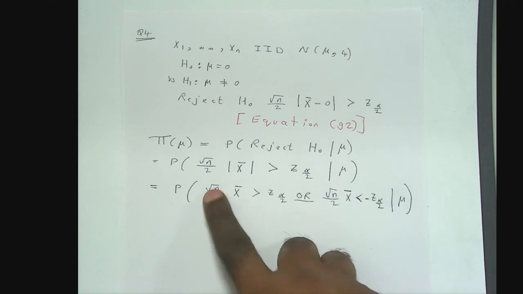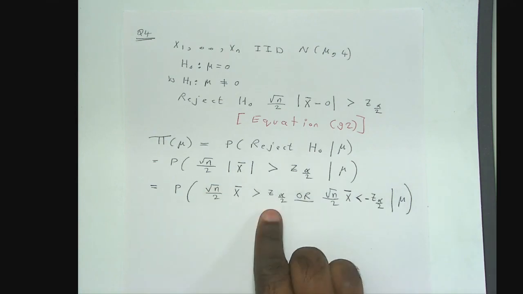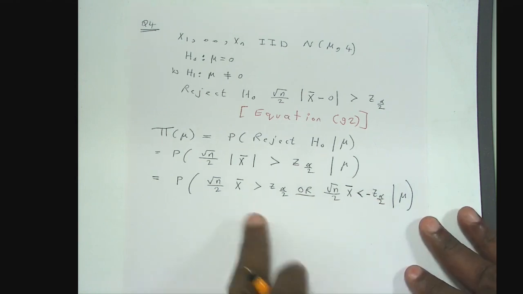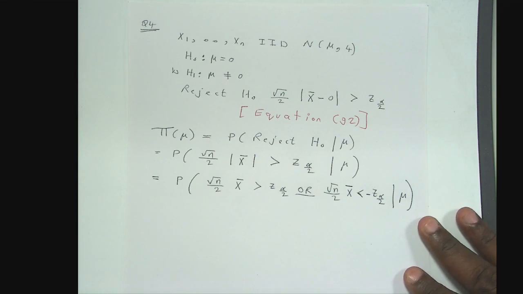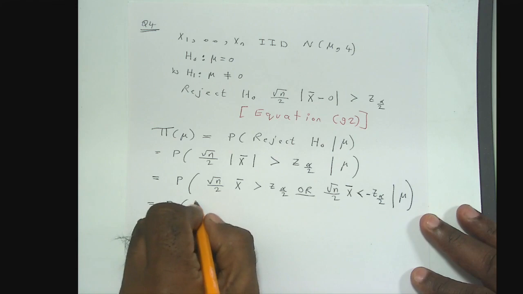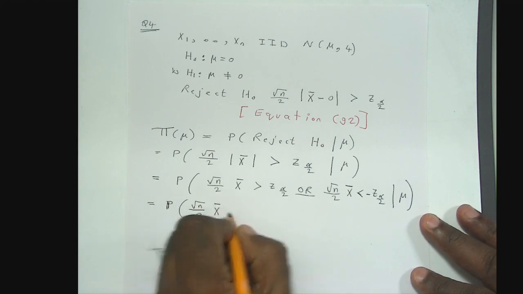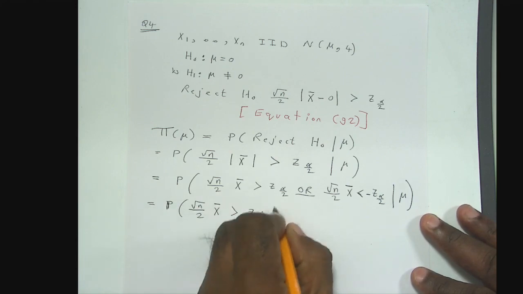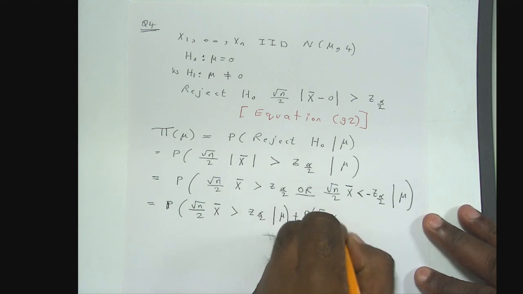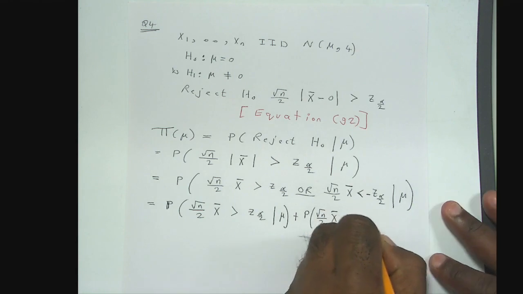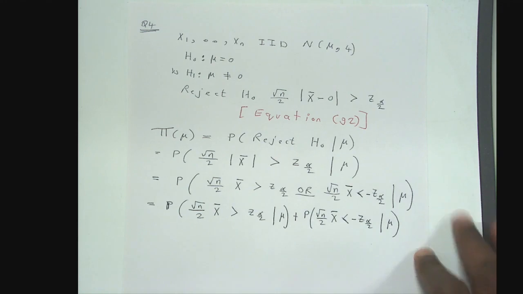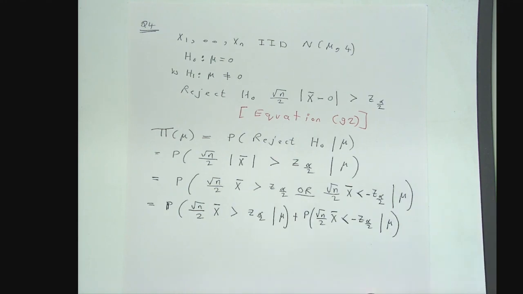This event is the same as saying that this is greater than this or this is less than this. Now, because these two events are mutually exclusive, you can write it as the sum of the probabilities. So this follows by mutual exclusiveness of the two events.